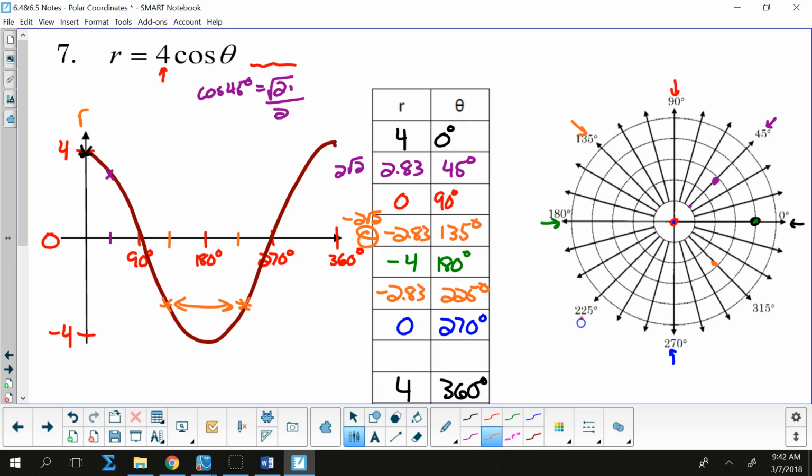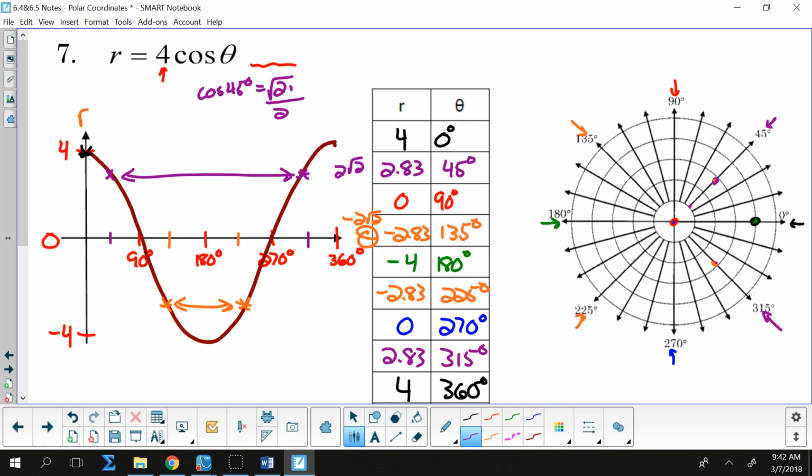So at 225 here, negative 2.83 is actually that first purple point. Halfway here is 315 degrees. Those are the same. So at 315, I'm right there.